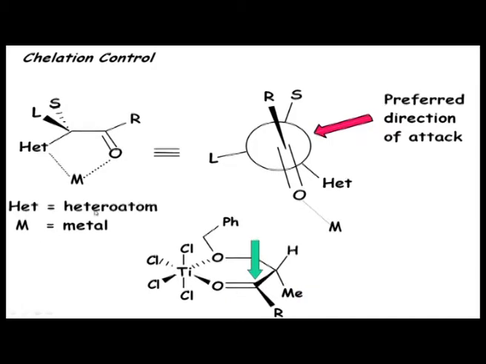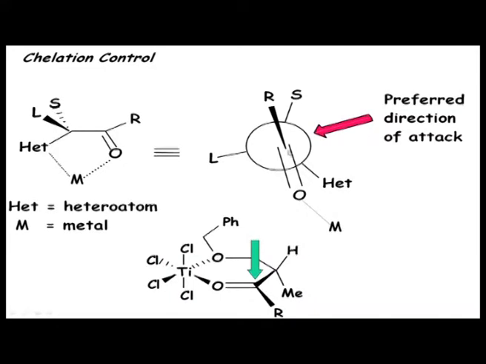So, in that case, your heteroatom, whether it is large or small or medium, you have to place it syn to the carbonyl, so that this chelation is possible. Okay. So, now if you transfer it to the Cram model, this modified Cram model is called the Cram chelation model.